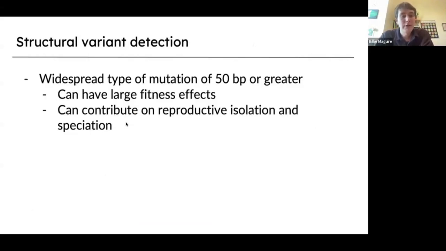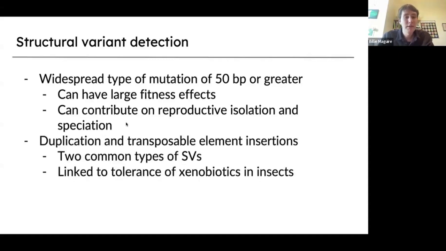So a little bit of background on structural variant detection. Structural variants are a widespread type of mutation of 50 base pairs or greater. So now we're talking about much larger mutations instead of the single point mutations that we were talking about earlier. And these types of mutations can have large fitness effects. They can also contribute to reproductive isolation and speciation, which are both important processes in the generation of biotic diversity.